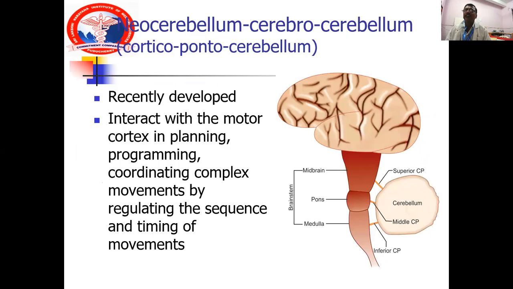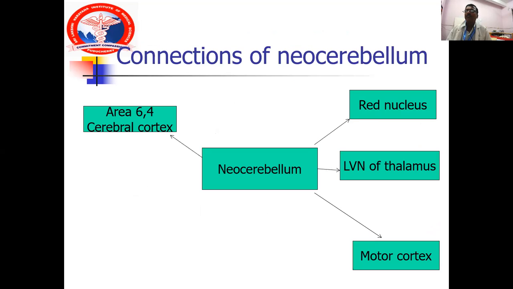The last one, neocerebellum, also called cerebrocerebellum, also known as corticopontocerebellum, which is recently developed, interacts with the motor cortex in planning, programming, and coordinating complex movements by regulating the sequence and timing of movements.